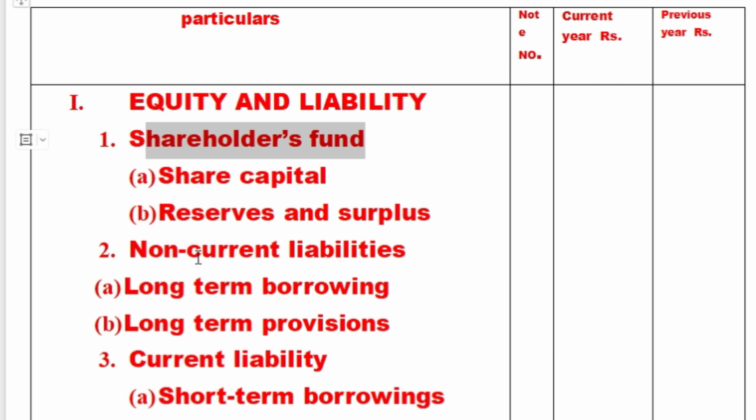Similarly, non-current liabilities is a major head, and under it there are two subheads: long-term borrowing and long-term provisions. Though there are other items under non-current liabilities in the prescribed balance sheet of the company, you have to study only these two items, that is, two subheads.